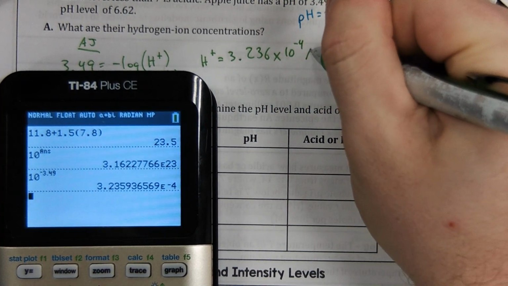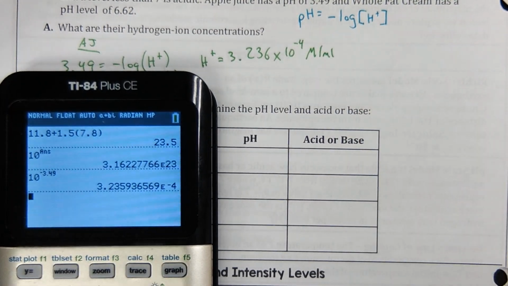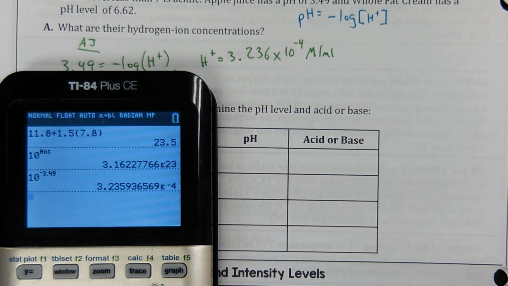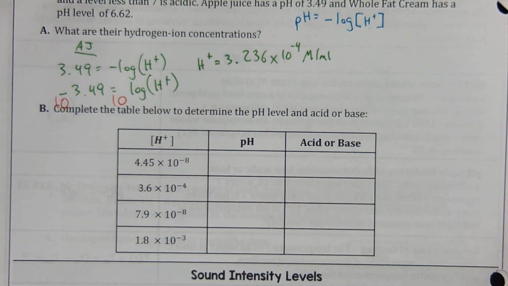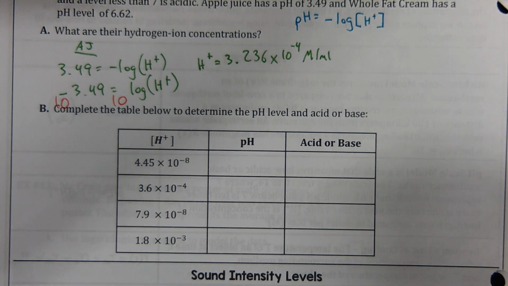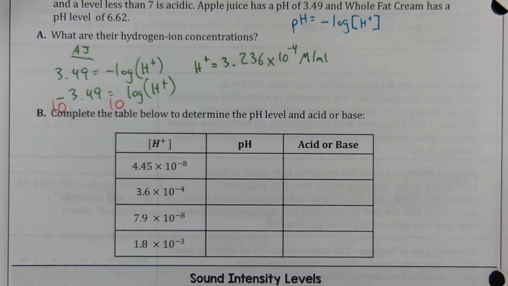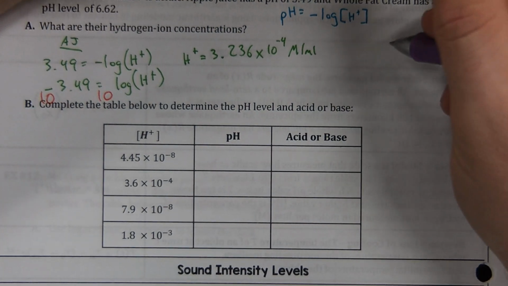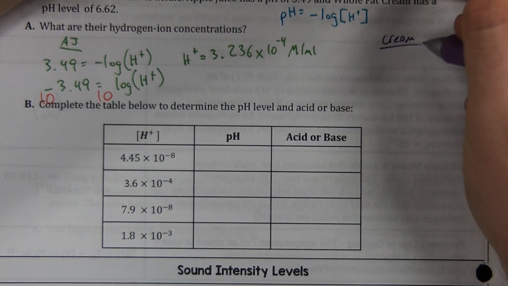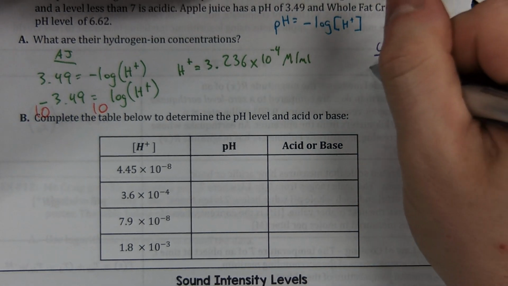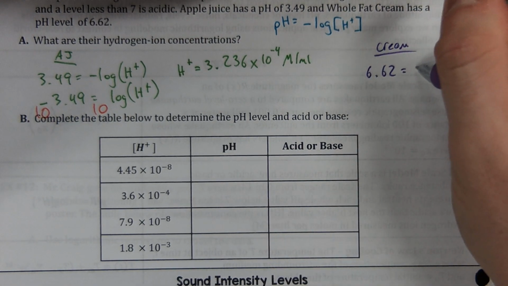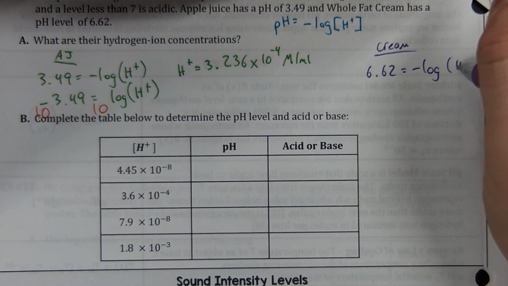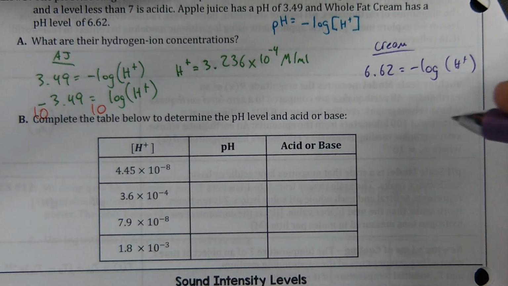This is moles per milliliter. Moles per mL. And whole fat cream. I don't really have a whole lot of space here, do I? Well, tell you what, we'll just have it creep down the right side. We have space on the right side. But it's the exact same setup. The number equals negative log of H plus. Divide both sides by negative 1.